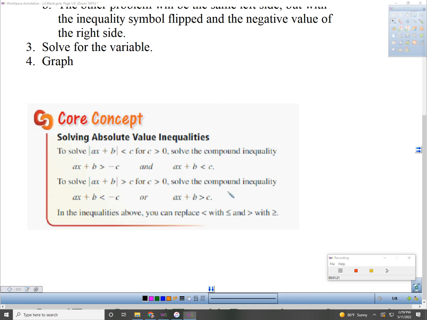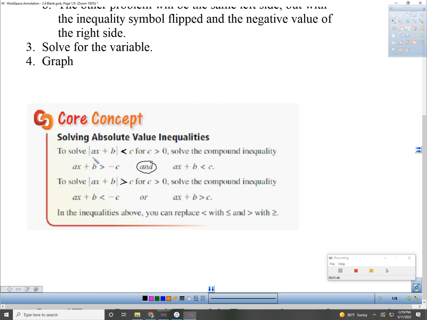So that's what this is showing you down here. If I have this equation, it's telling you that C has to be greater than 0. Then you would solve your compound inequality. Notice that when it is flipped this direction, that is an AND. When it is flipped the other direction, that is an OR.